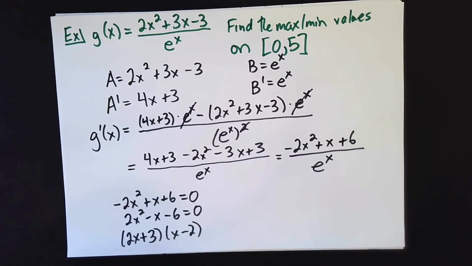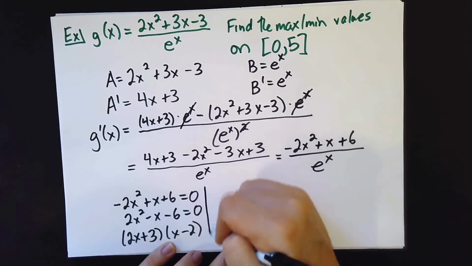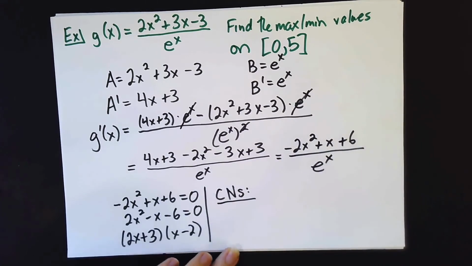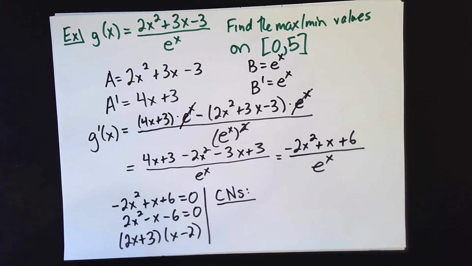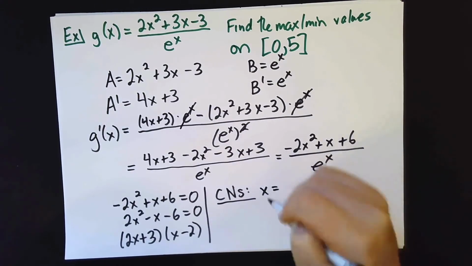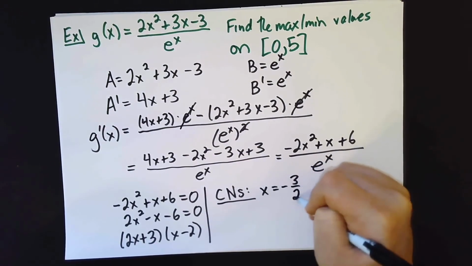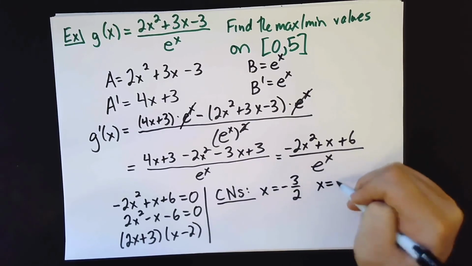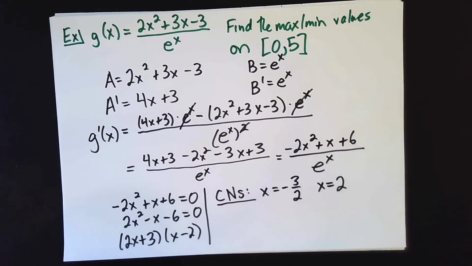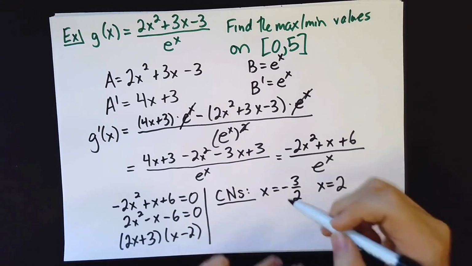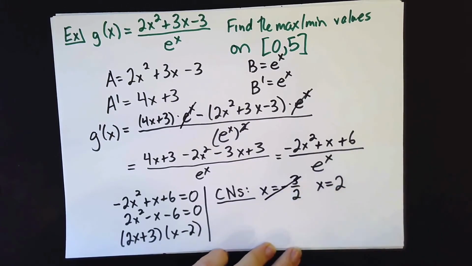So I think this factorization works. And so my critical numbers here work out to be x equals minus 3/2 and x equals 2. However, note the x equals minus 3/2 is not in the interval.